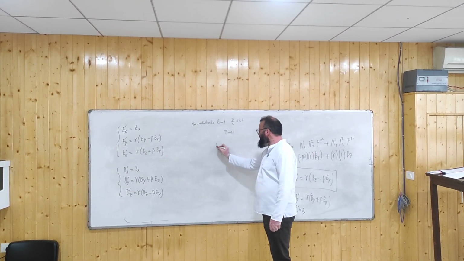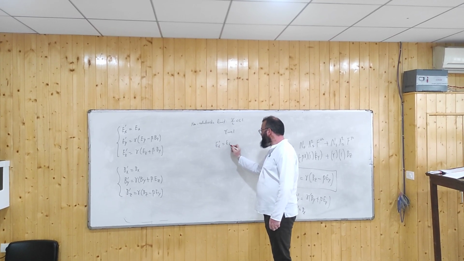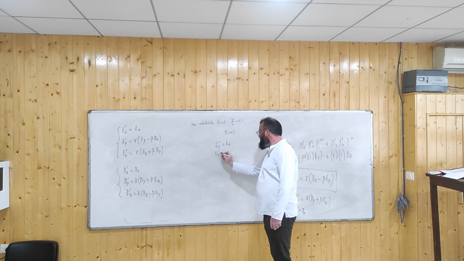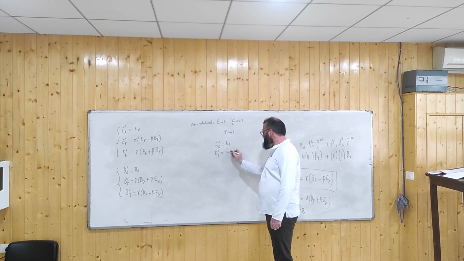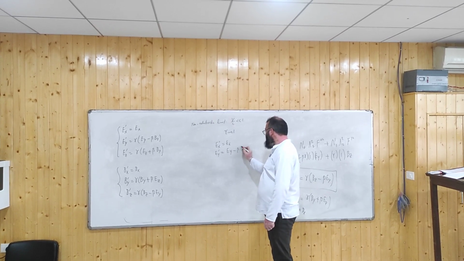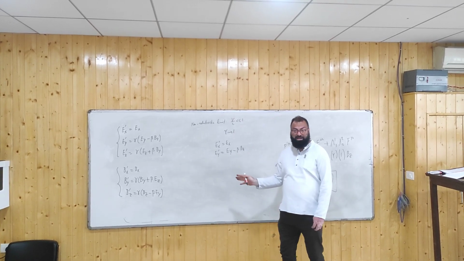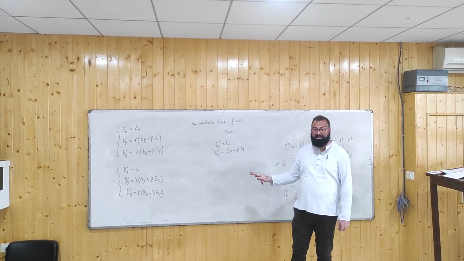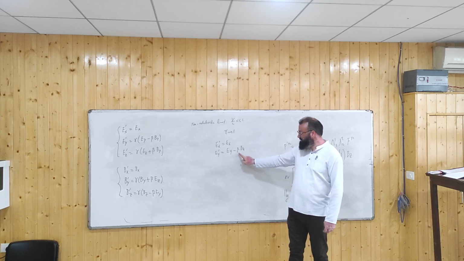So it means we are having Ex prime same as Ex, and Ey prime is Ey minus beta Bz. Whether you are having a relativistic limit or the non-relativistic limit, this term is not zero.